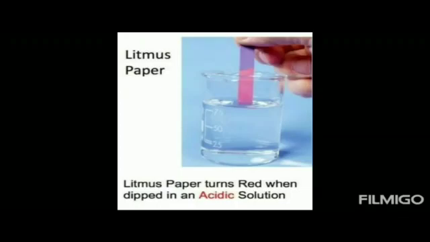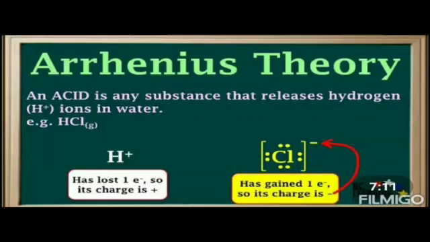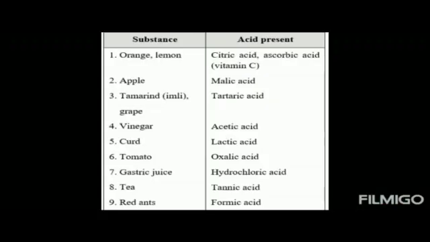According to Arrhenius theory, the substance which produces H plus ions in its aqueous solution is called an acid. Some acids and the substances in which they are present are given here. Substances, acids. First, vinegar, acetic acid.